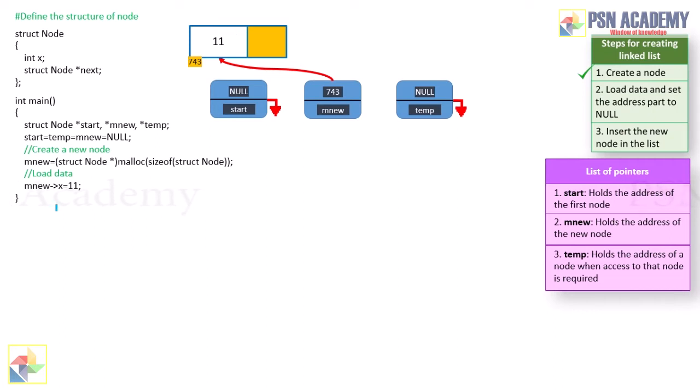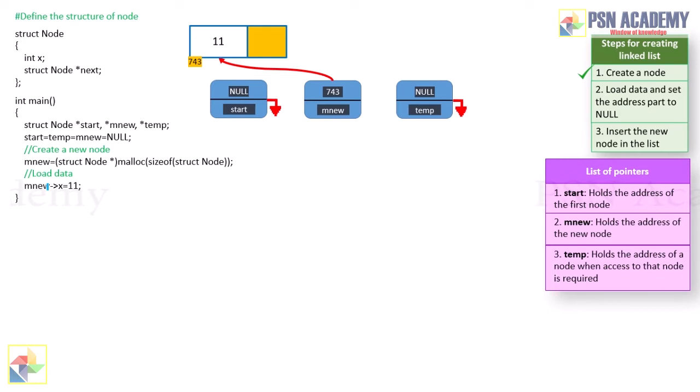Now we have used here the arrow pointer. Why? Because this mnew is a pointer and it tries to access the X, which is a member of the struct node. So to access a member of a structure using a pointer, we use this arrow operator.